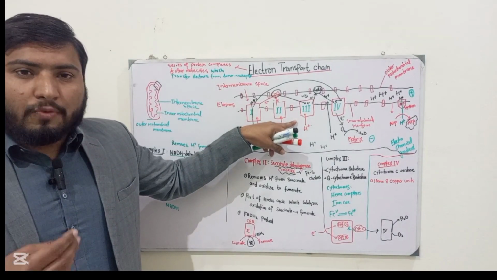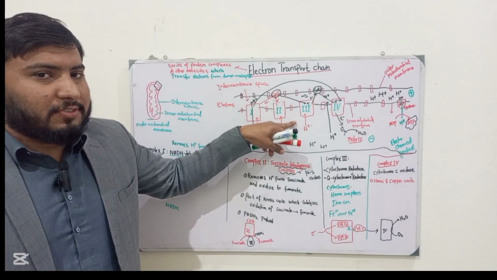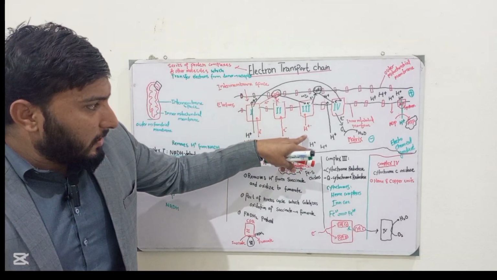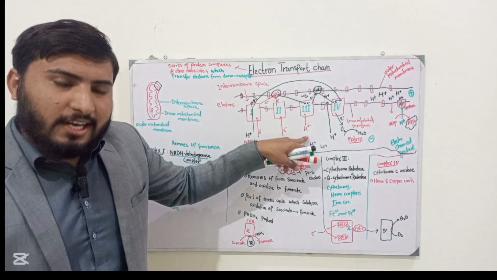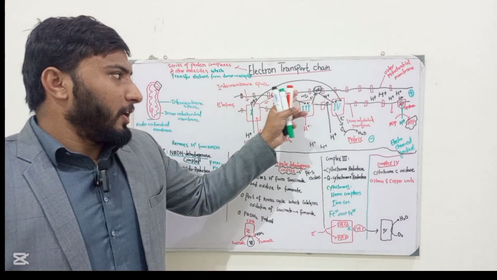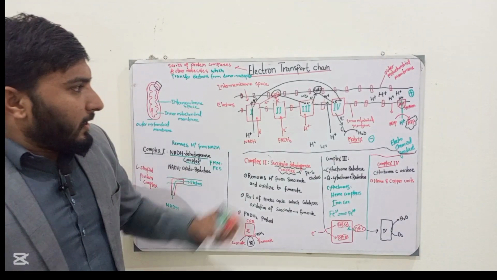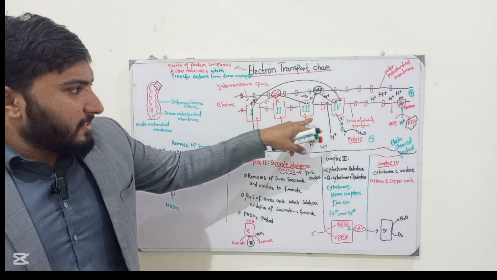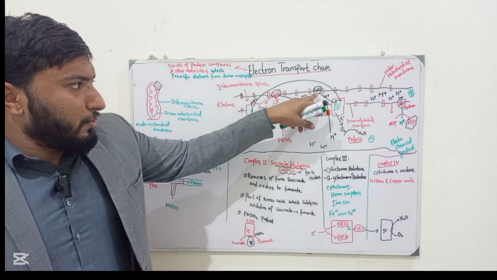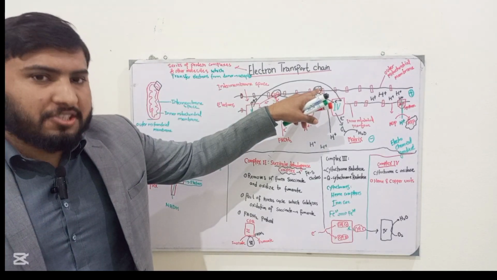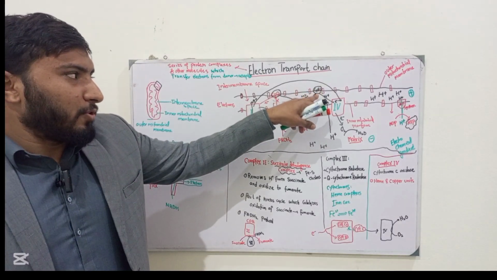Complex 3 overcharges with electrons and it pumps hydrogen ions from the matrix to the intermembrane space. Then complex 3 transfers these electrons to cytochrome C, which is a prosthetic group.